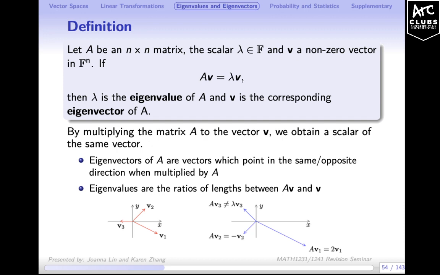It's the same thing for V1 as well. And eigenvalues are the ratio of lengths between AV and V. So that's basically what they are geometrically, if you weren't too sure about what these vectors were.